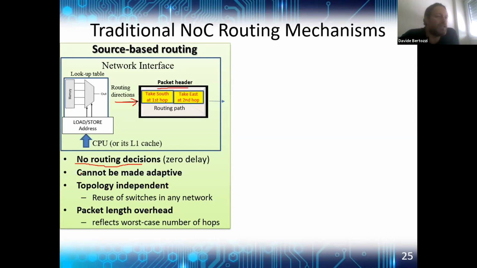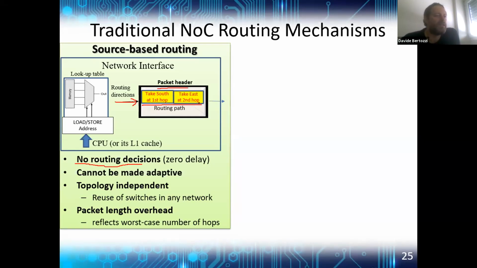It's topology independent, because the switches that you're using here, you can use in whatever topology you may think of. But there is a significant scalability limitation, because fundamentally here you have in your packet header the routing directions.